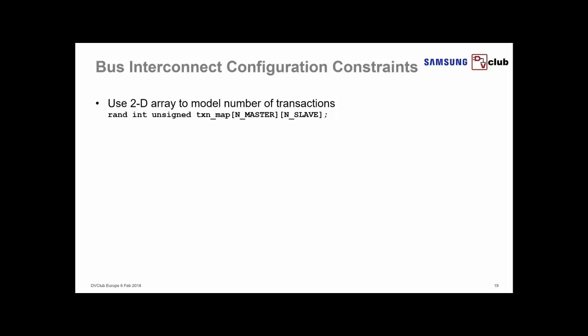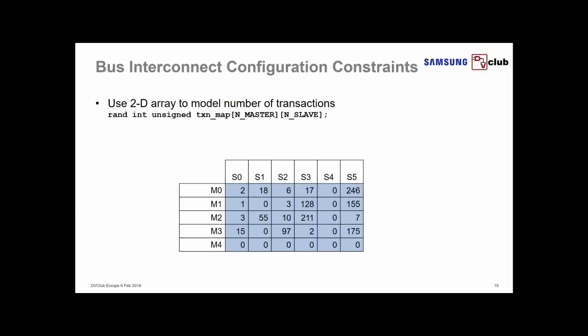So how do we do that? The key is always to create the right data model. For this particular problem, what I've created is a two-dimensional array that maps the number of transactions from each master to each slave. So imagine the rows of the array are the masters and the columns are the slaves.